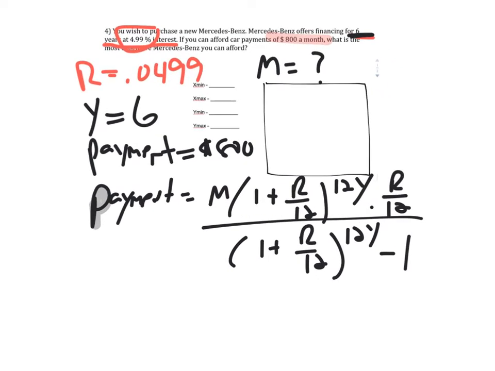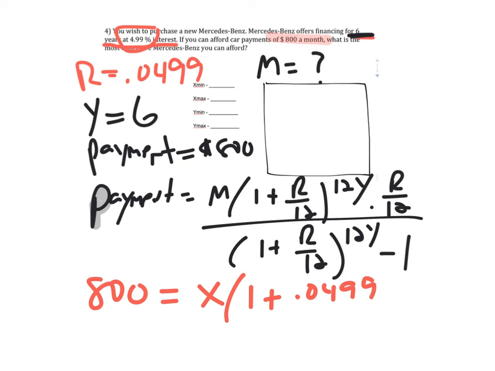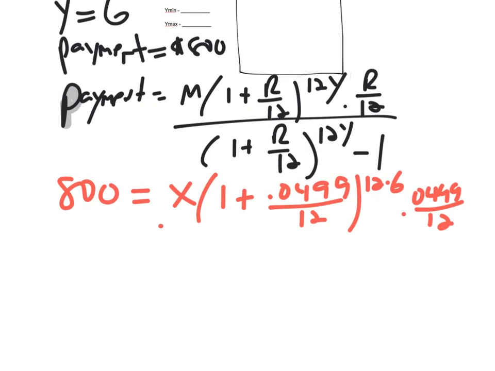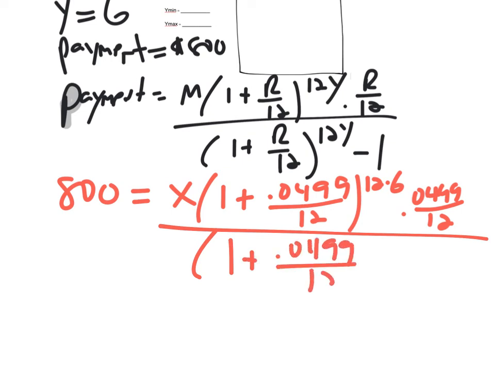So here we're going to have the payment of $800 a month equals M, which is X, times 1 plus 0.0499 over 12, raised to the 12 times Y, in this case 12 times 6th power, times another 0.0499 over 12, all over 1 plus 0.0499 over 12, raised to the 12 times 6 power again, take away 1.